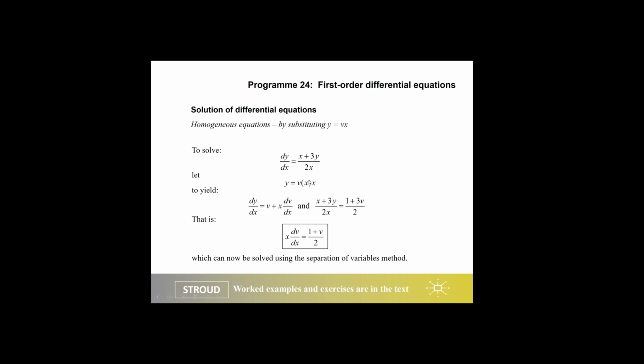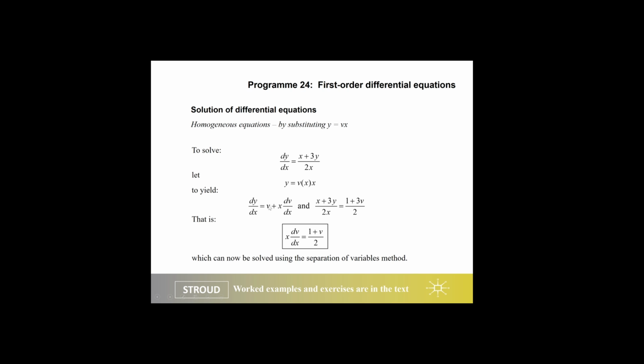If y is equal to vx, then dy/dx is equal to v plus x dv/dx, and this is simply equal to that. What we do is divide everything by x and replace y over x with v. So what we are left with is v plus x dv/dx equals (1 plus 3v) over 2.